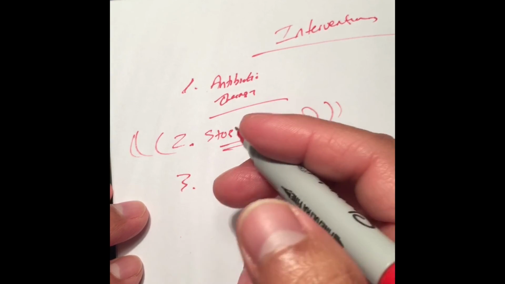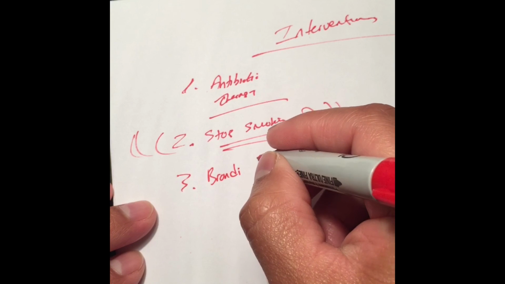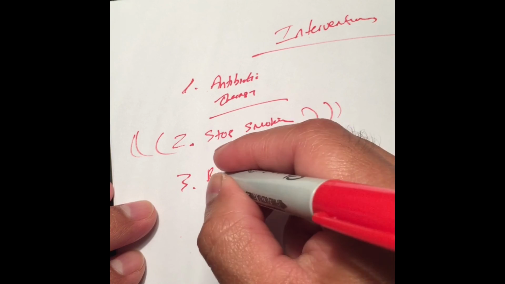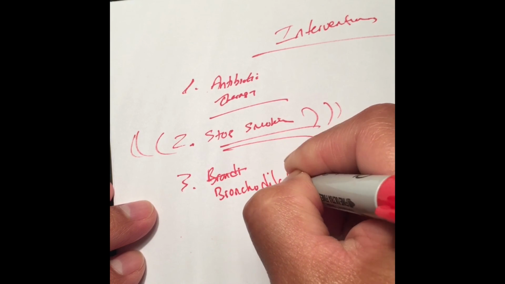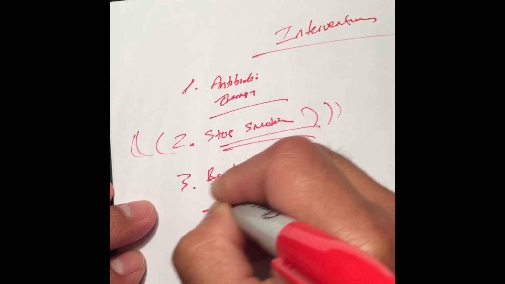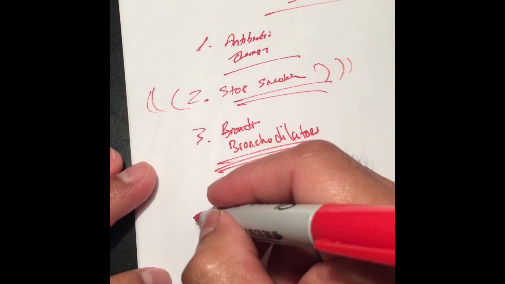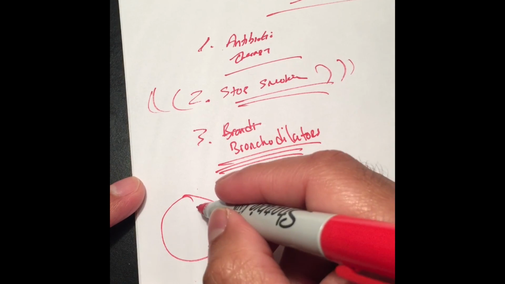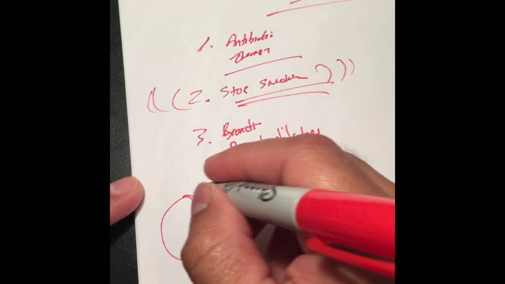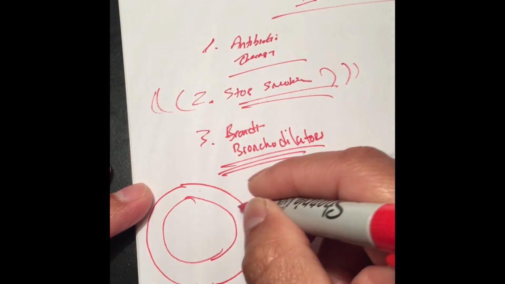Number 3, you would administer bronchodilators. Now we talked about our bronchodilators in another section when we talked about asthma. Again, if we were to take a cross section of the bronchiole, in asthma, remember that in the bronchiole you have smooth muscle out here.